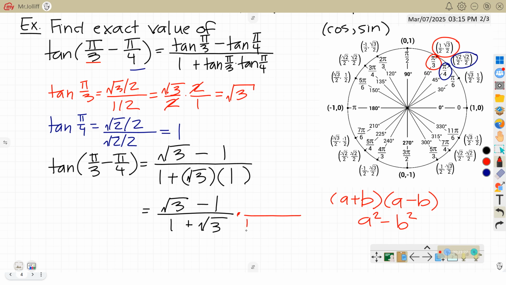So this is 1 and root 3. So 1 and root 3 on top and bottom. Originally in the denominator it was plus, so I'm going to multiply by the difference instead. Because now I have a difference of squares in the bottom. That makes me happy mathematically.